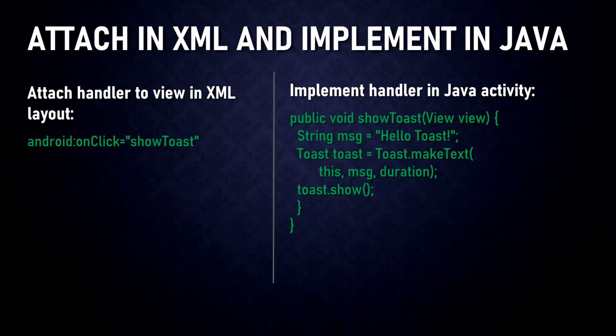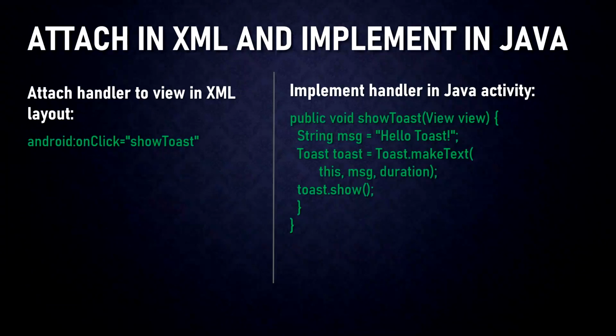So here is the way. You specify the showToast method inside your activity, and you can do something inside it. Here we just create a string message and post that message. A toast is a quick pop-up text. It's not a notification and not quite an alert, but it pops up a text message for you.